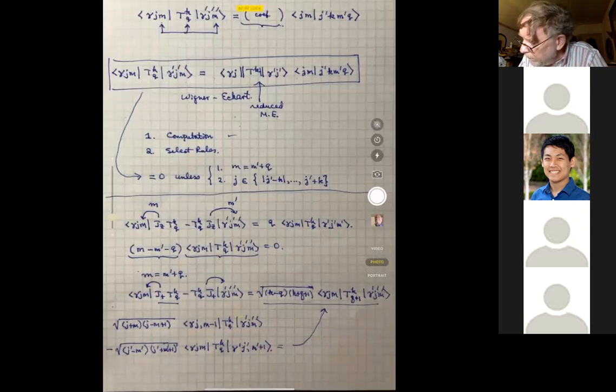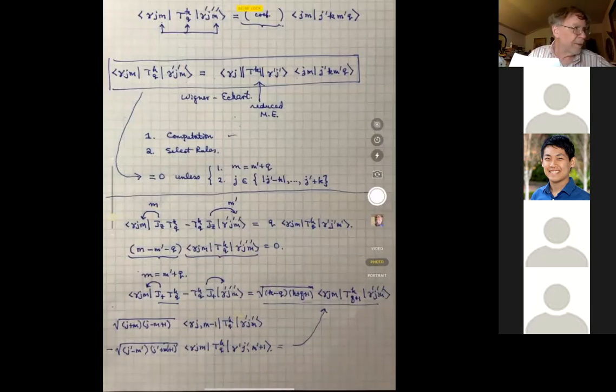Now then, if we just change notation and instead of writing J prime and K, we write J1 and J2, what you end up with is a recursion relation for the magnetic quantum number dependence of our matrix elements.